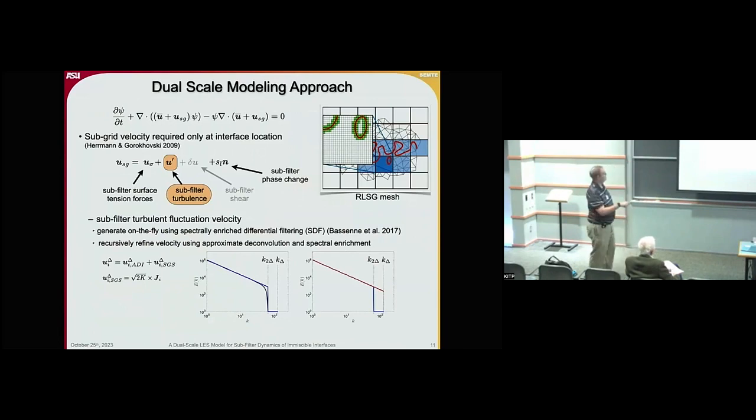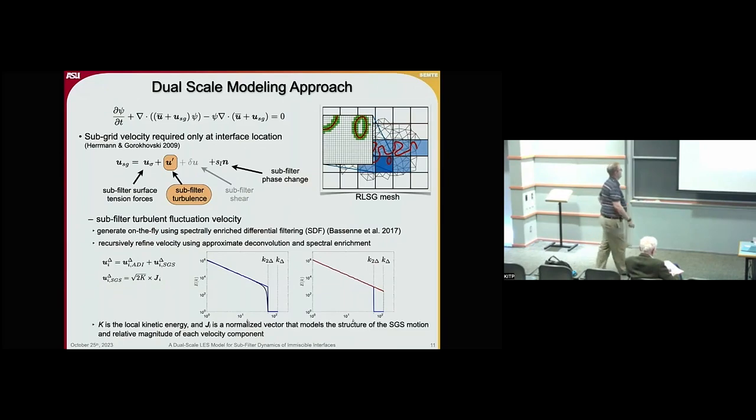And you do this all the way down to your fully resolved mesh scale. And here, the K is the local kinetic energy, and J_i is a normalized vector that models the structure of the subgrid scale motion, the relative magnitude of each one of the velocity components. The point of this is that this is not a purely random velocity field. It takes structure information from the resolved scale into account.